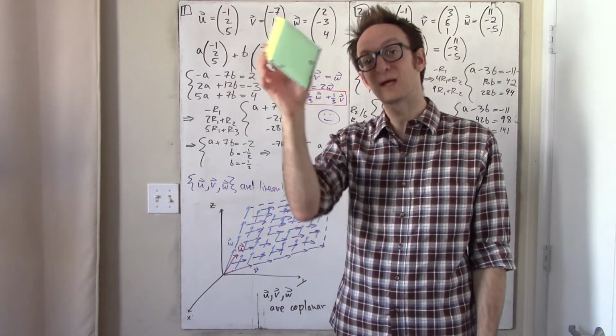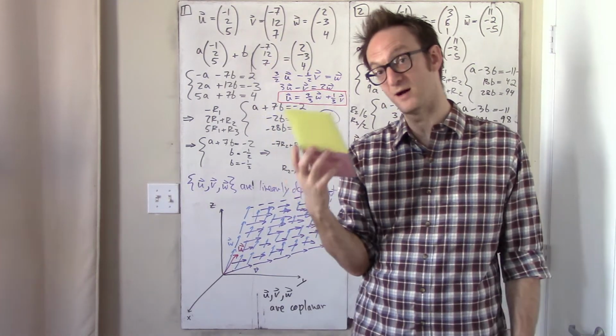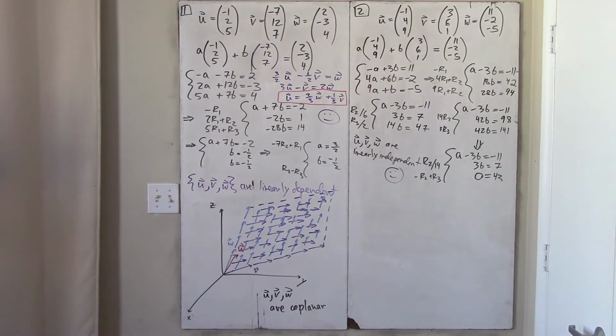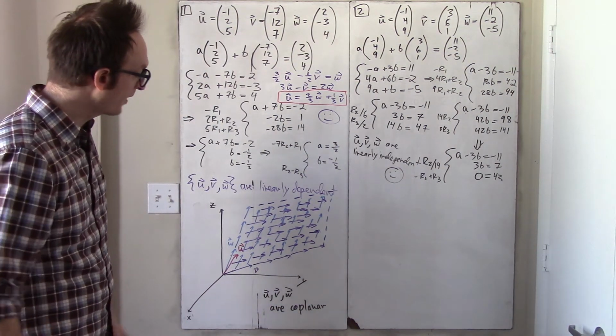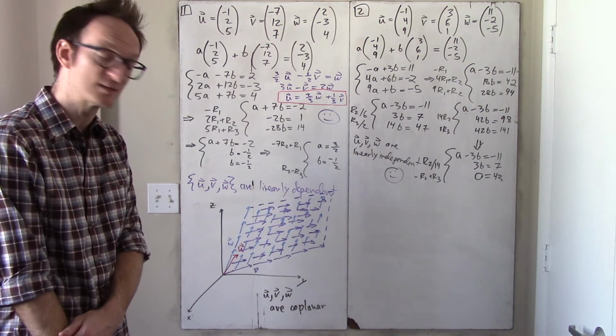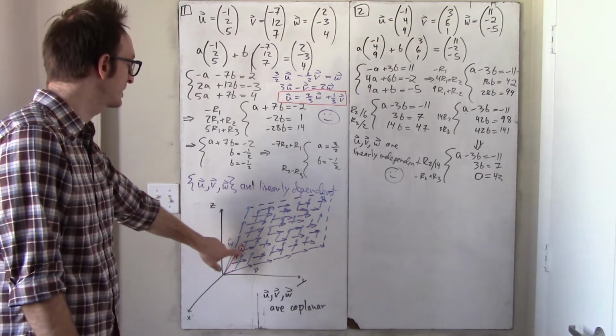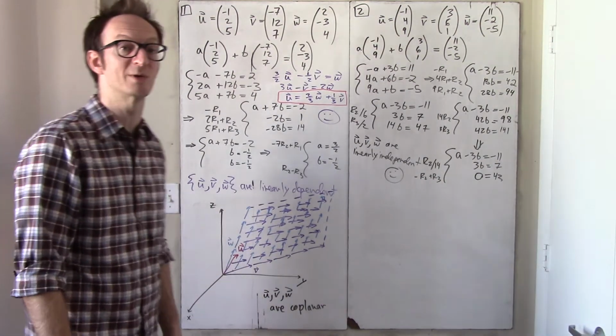So, keeping in mind this geometric understanding of the 3x3 determinant, what kind of parallelepiped is formed by three vectors W, U, and V if U is in fact coplanar with W and V?